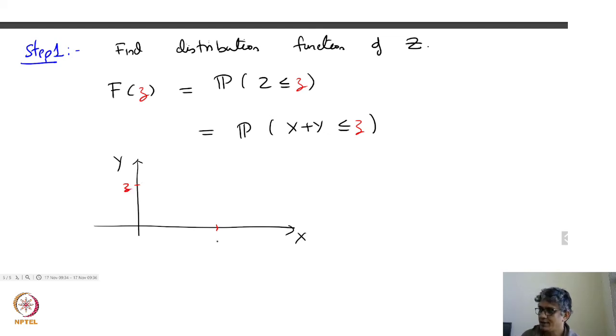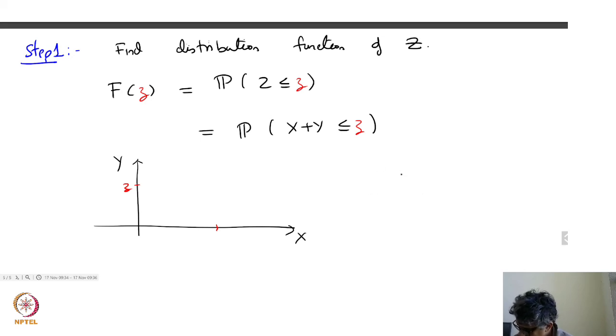Let's draw the line x plus y equal to z. That is y equals minus x plus z. So when x is 0, y is this, and you come like this.